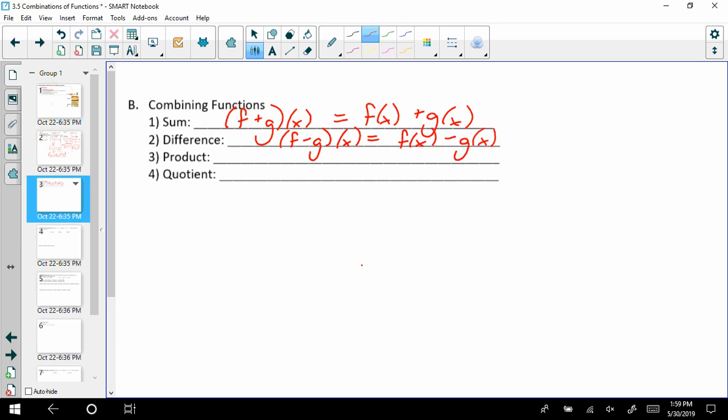Now make sure if it's f minus g that you do f minus g. If I want to find the product, that's multiplication. I would just take f of x times g of x. And if I wanted to find the quotient, that's division, I would have to take f of x divided by g of x. So if it's f over g, then you need to make sure you do f over g.